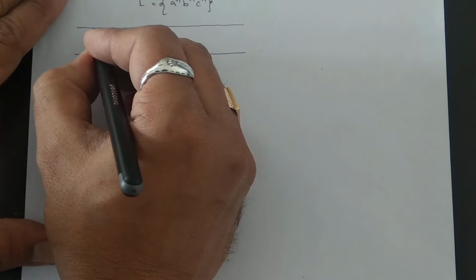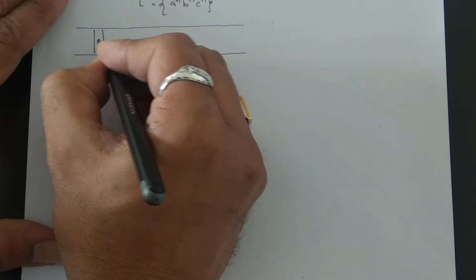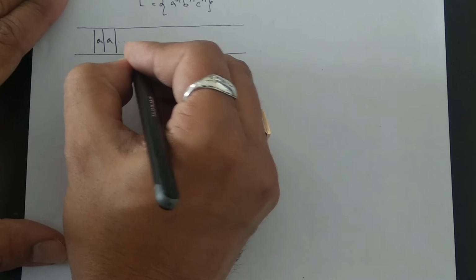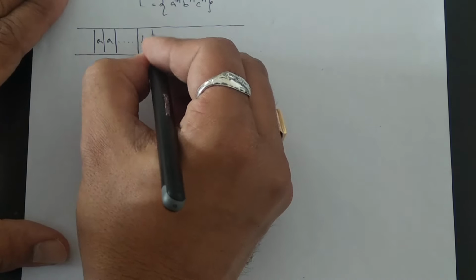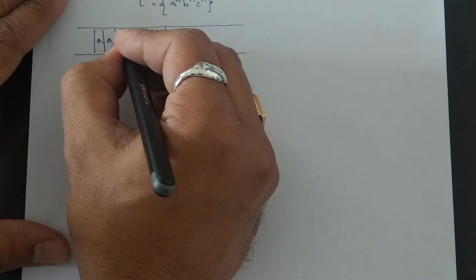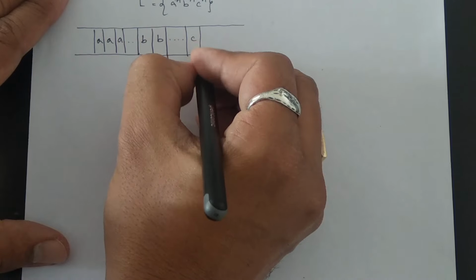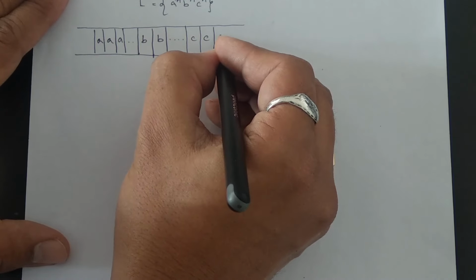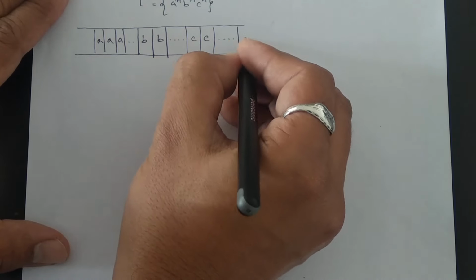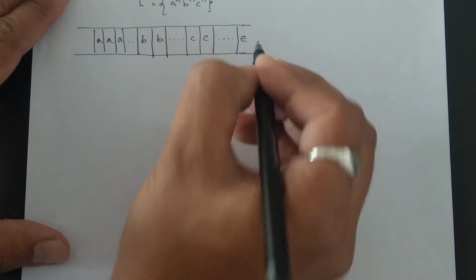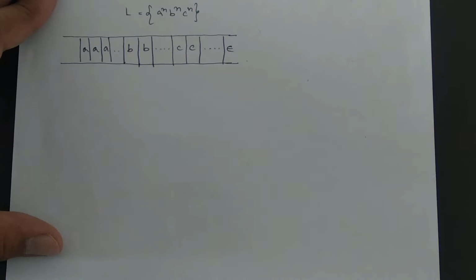It will comprise a n number of times, suppose I'm taking 3 A's, then b n number of times, and then c n number of times, and then we will reach epsilon. So this is the input tape, correct?